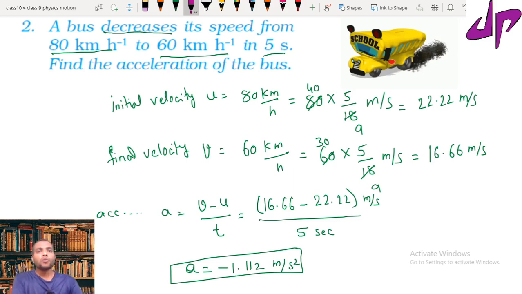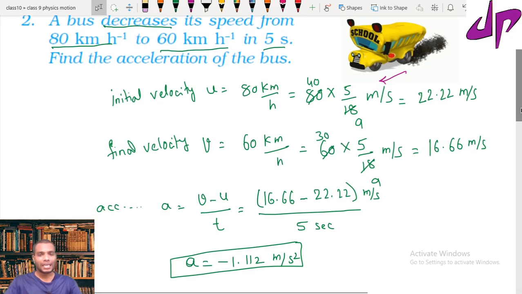When you move with 80 km per hour and apply brakes, automatically the bus will slow down. So the negative sign shows decreasing acceleration, which is also known as deceleration or negative acceleration.